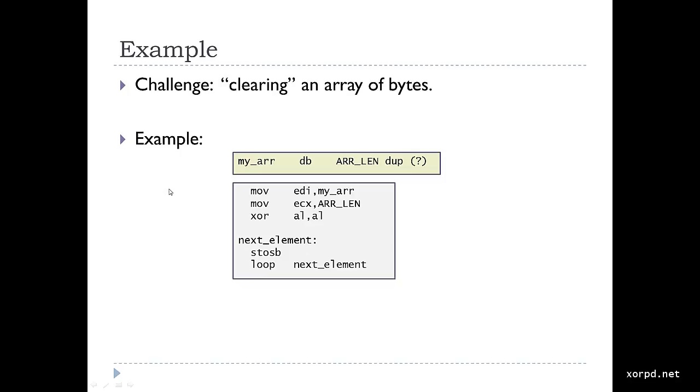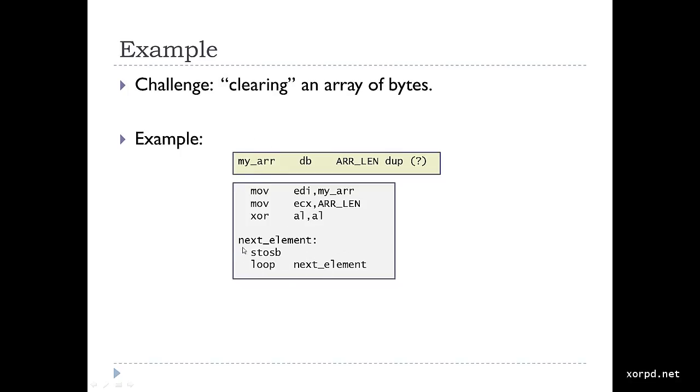The simple way to do it would be to use the stosb instruction inside a loop. We first load edi with myArray. Next, we load ecx with rlen, which is the size of the array in bytes. And then we zero al. We are going to use this al equals 0 to zero all of myArray.